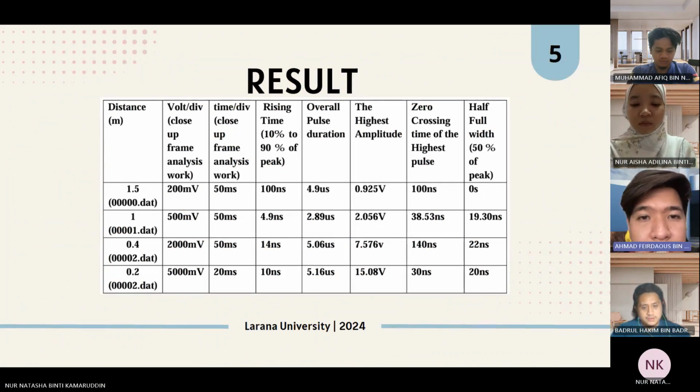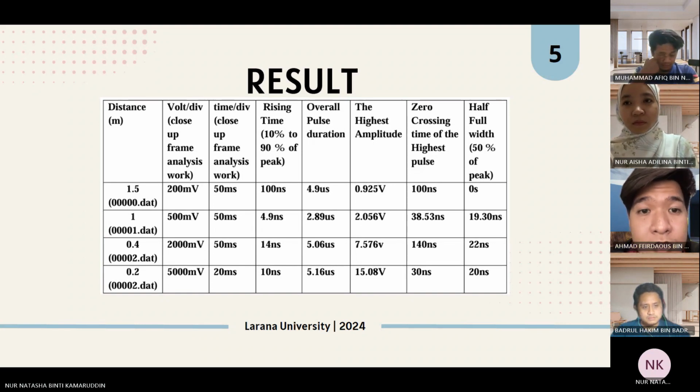The next one is the result from the experiment, which will be explained by me, Ahmad Firdaus, and also Badrul Hakim. So from here, this is the result, which is our source is the ignition coil. We have 4 distances, which are 1.5 meter, 1 meter, 0.4 meter, and 0.2 meter.